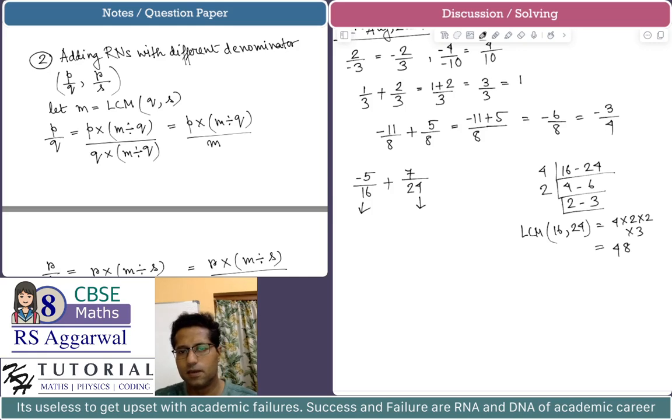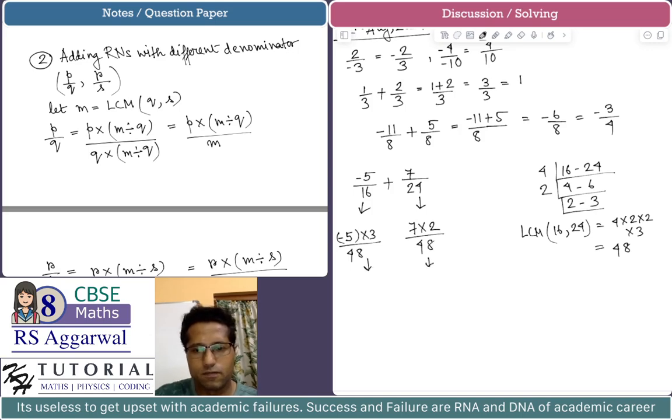I have to multiply the denominator 16 with 3, so I will definitely multiply the numerator with 3 also. So this becomes 16 into 3, which is 48. And when I convert 7 by 24 to its equivalent form, so that the denominator is 48, I have to multiply both the numerator and the denominator with 2, because 24 multiplied by 2 is 48. So this becomes 7 into 2 by 48.